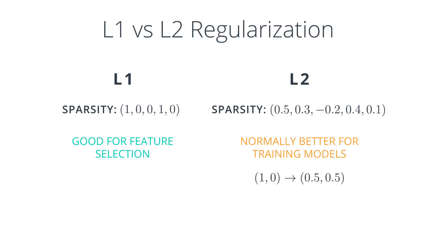But if we take the vector 0.5, 0.5, the sum of the absolute values of the weights is still 1, but the sum of the squares is 0.25 plus 0.25, which is 0.5. Thus, L2 regularization will prefer the vector 0.5, 0.5 over the vector 1, 0, since this one produces a smaller sum of squares, and in turn, a smaller error function.